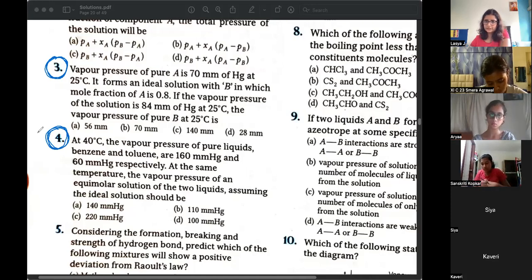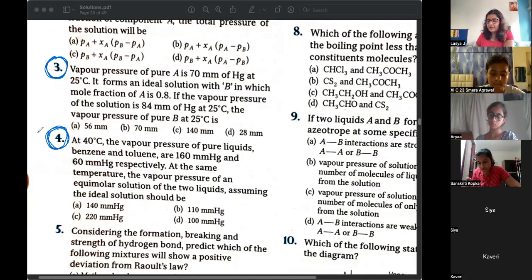Smera got it. That is correct. Just check the plus and minus, just get the calculations right.